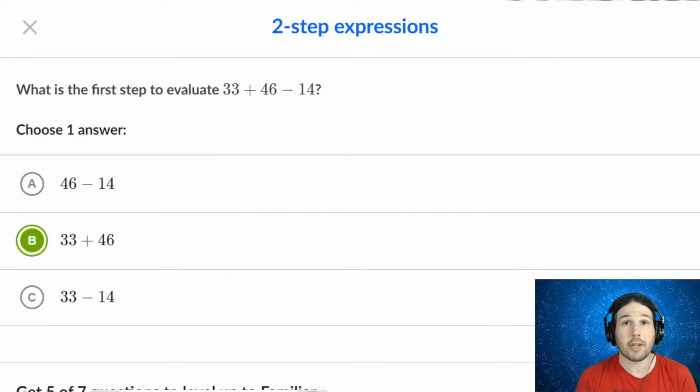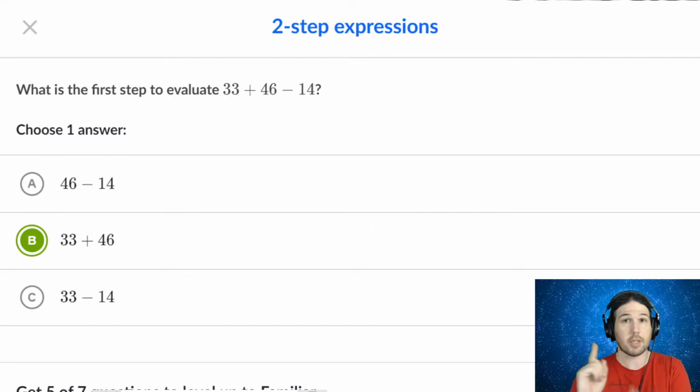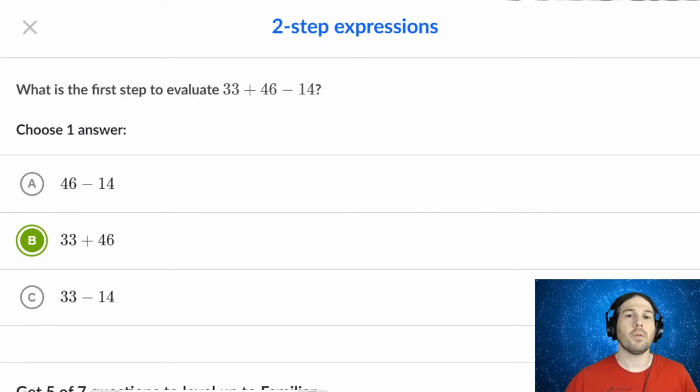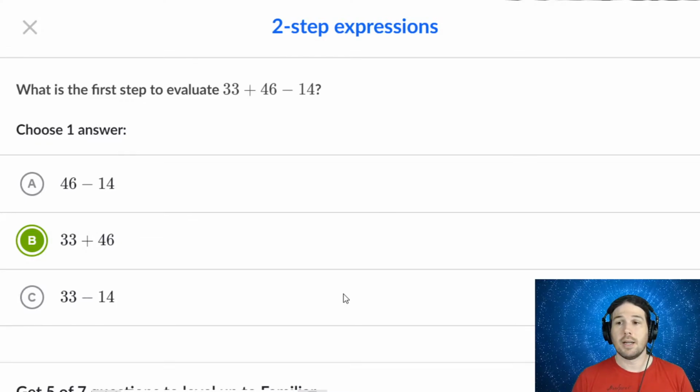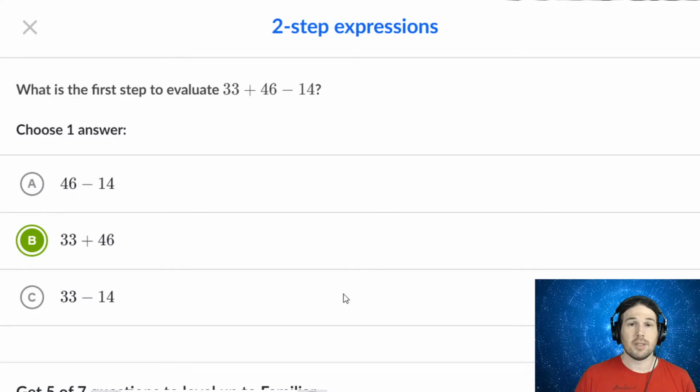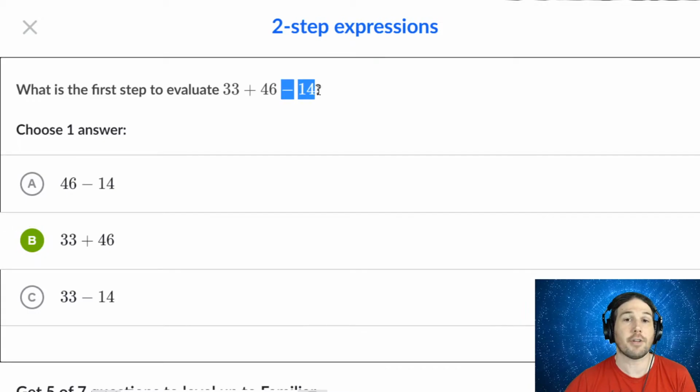They are the same operation done in two different directions, okay? Addition and subtraction are the same thing, just in opposite directions. So the addition and the subtraction step are not two separate steps. They are one step because they are the same thing. So the first thing we're going to do is 33 plus 46. But to be clear, you could do the 46 minus 14 first, and you will still get the same answer. Addition is commutative. So long as you make sure to apply the negative to the 14, it doesn't matter what order you do it in.